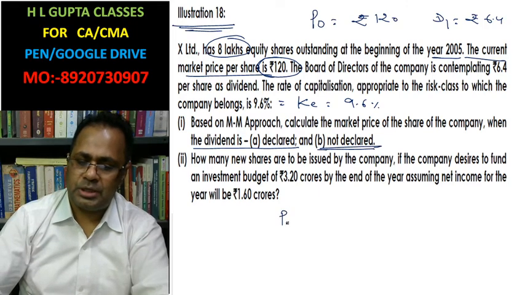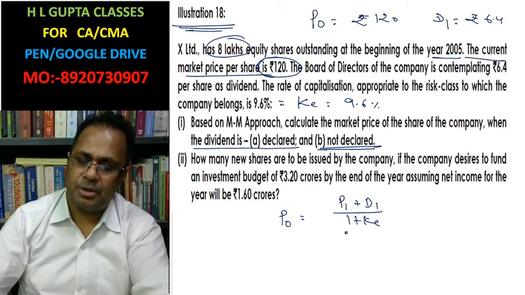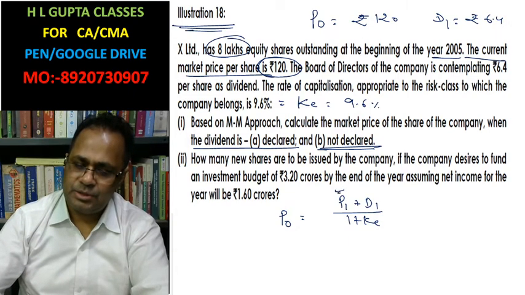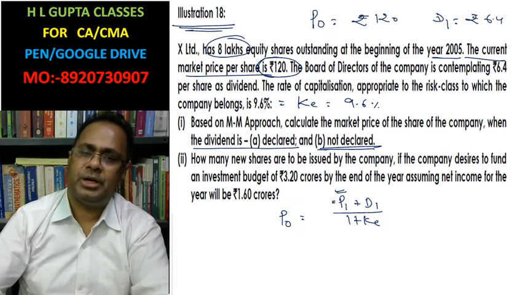As we know, the current market price P0 is P1 plus D1 divided by 1 plus KE. This is the formula of the current market price. Here you have to find P1, when dividend is declared or not declared. P0 cross multiplied by 1 plus KE equals P1 plus D1. Ultimately P1 equals P0 times 1 plus KE minus D1. When dividend is declared, D1 will be 6.4.